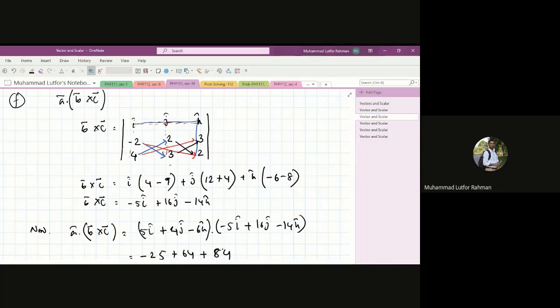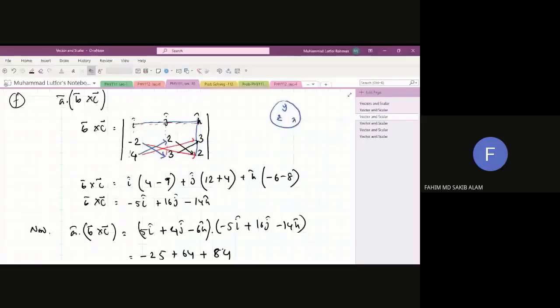I also talked about how to find that component in another way in my previous lecture, about X, Y, and Z. You can go through that lecture if you have any problem with that. Is that okay? Yes, sir. Okay, fine.